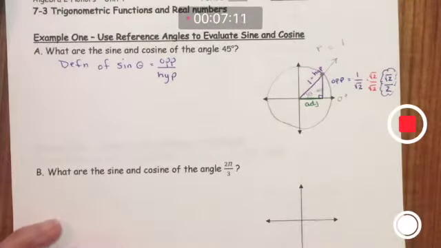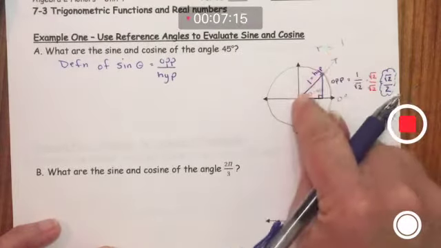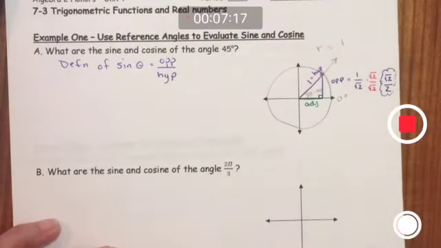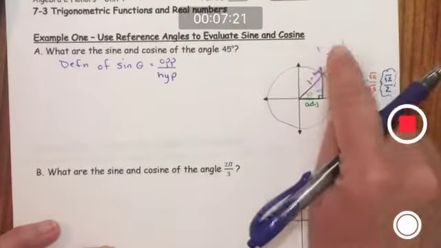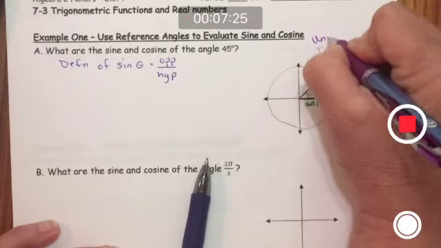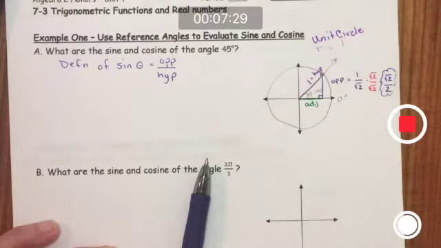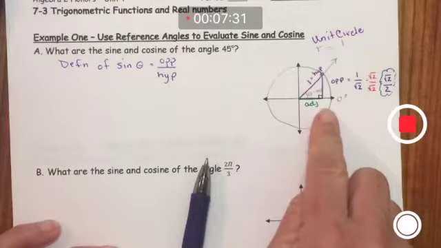And then on purpose, we made the hypotenuse 1. That's what a unit circle does, it purposely makes the hypotenuse 1. So the sine in a unit circle, which has a radius of 1, is always going to be the opposite length.